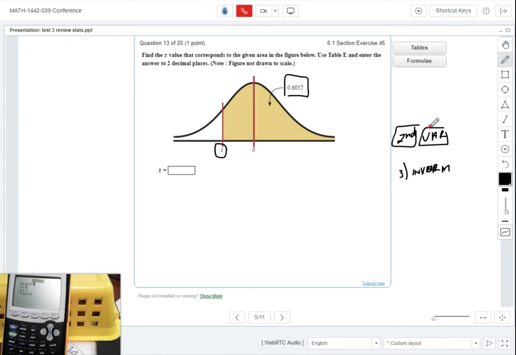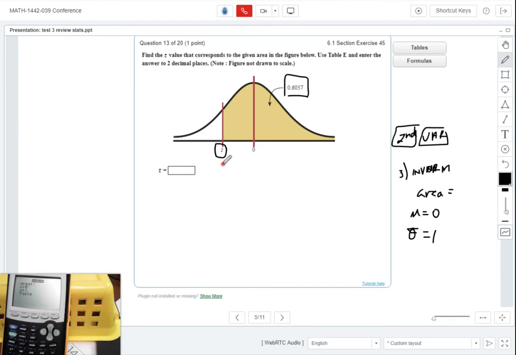It's going to ask for the area. The average when we do this should be 0. Standard deviation should be 1. So we just have to type in the area. Now this is the thing with this function on the calculator, inverse norm.